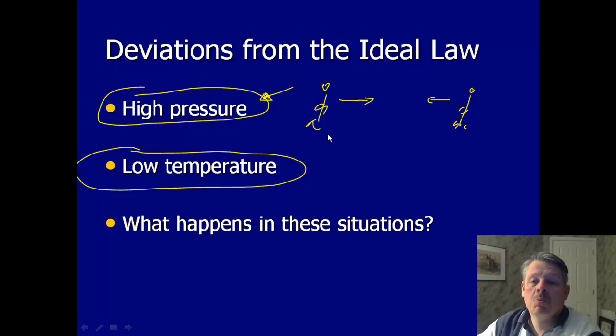But if they're both walking very, very slowly, that's your low temperature, they can grab a hold of each other and stop and talk. And that's the problem: if the molecules are moving really slowly, they'll stop and hold on to each other. And that is not ideal. So if we have low temperature or high pressure, those take us away from the ideal gas law.